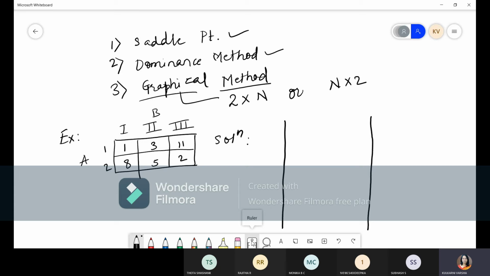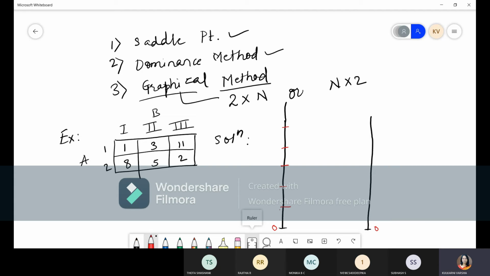If we start exactly here at 0, this is 0 and this is also 0, and then from there onwards we can mark 2, 4, 6, 8, 10, and we'll prolong this line a little bit.